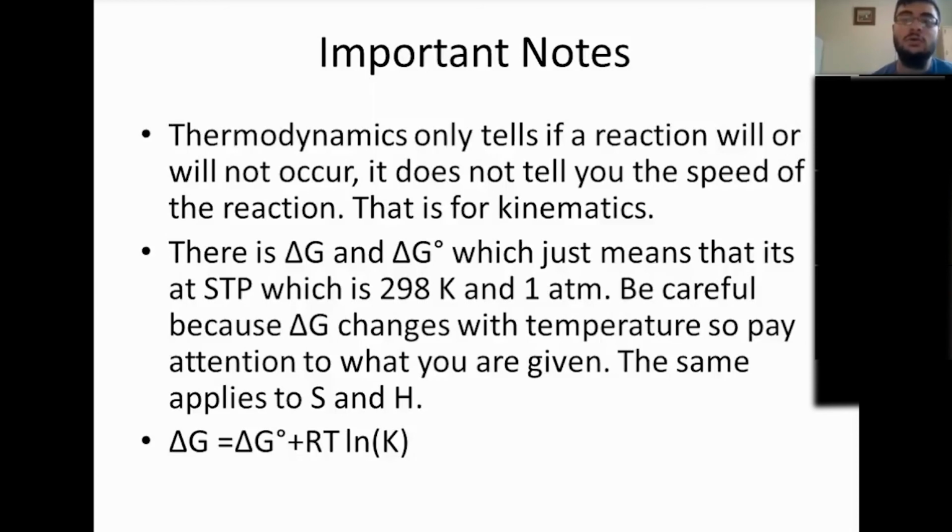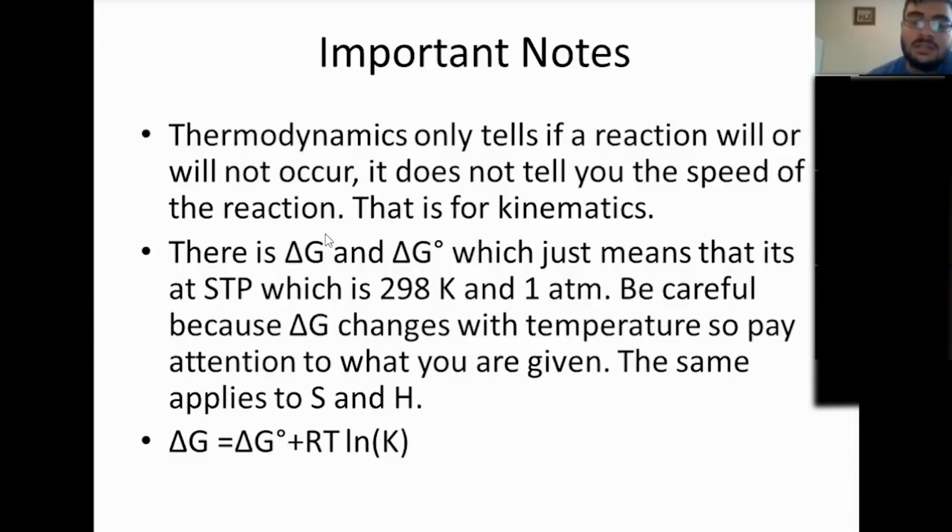It doesn't tell you how fast it'll happen, right? How fast it'll happen is only based on kinetics, which we did a separate lecture on, right? Kinetics of reactions, that's the speed of reactions, equilibrium constant, all of that stuff. So just because something has a very, very small delta G doesn't mean it's a fast reaction. It just means it's a very favorable reaction. It will happen for sure.